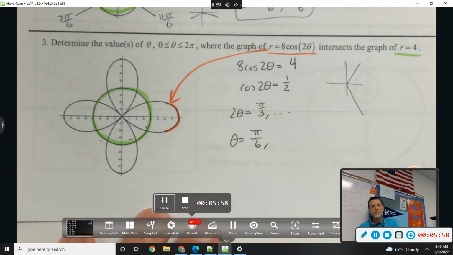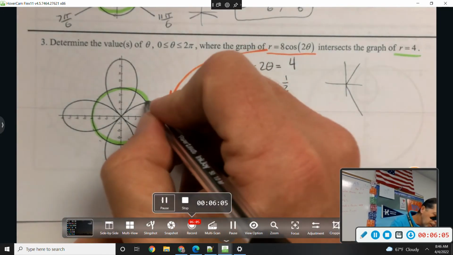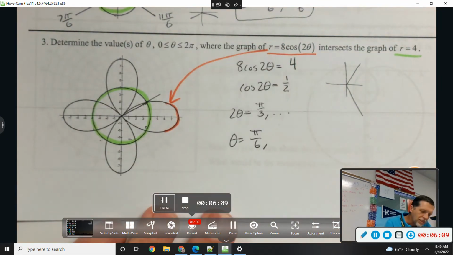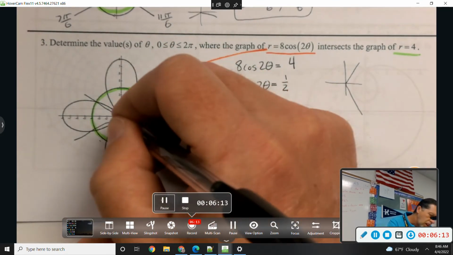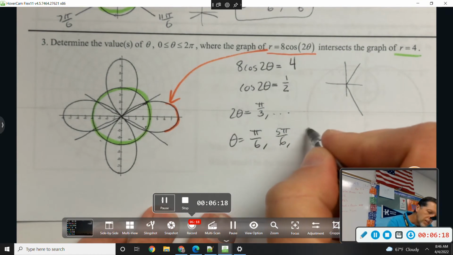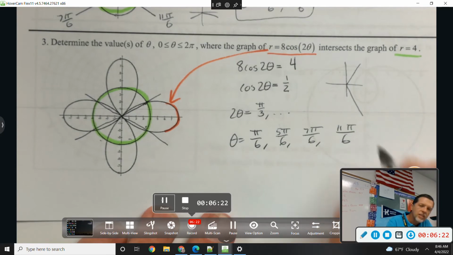I don't want to say I don't want to use my equations, but I can use the picture. So pi over 6 is the first one, and the symmetry makes it look like it's all of the over 6's. So pi over 6, 5 pi over 6, 7 pi over 6, and 11 pi over 6.